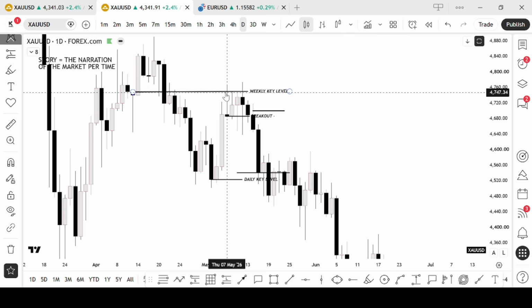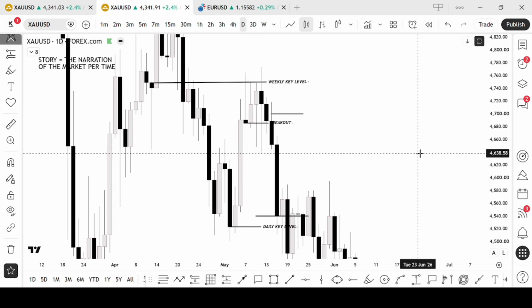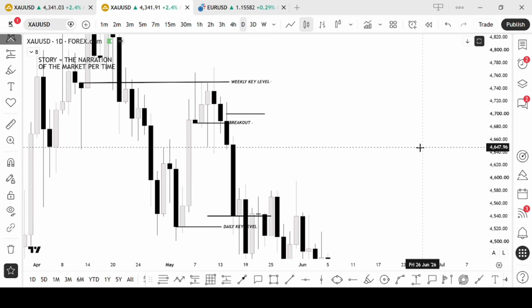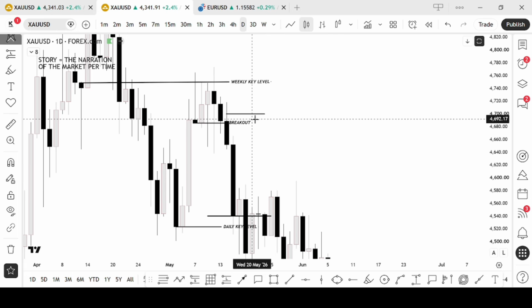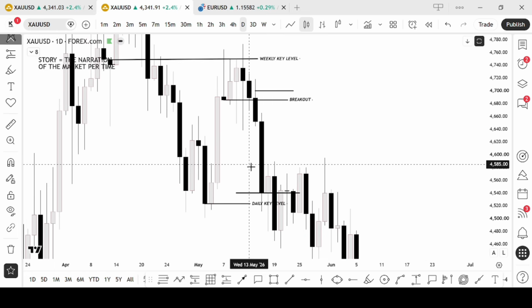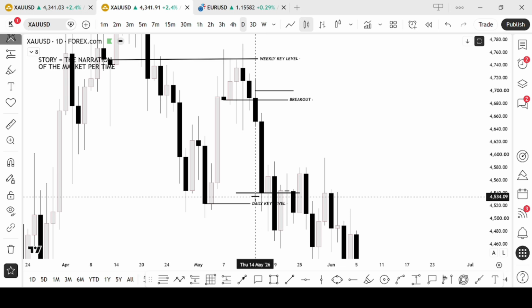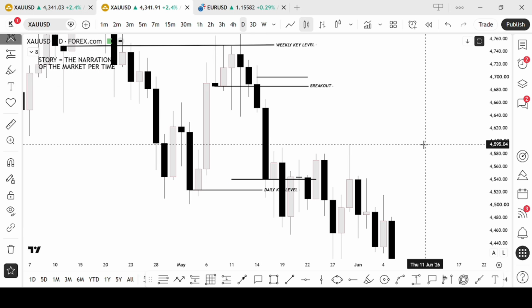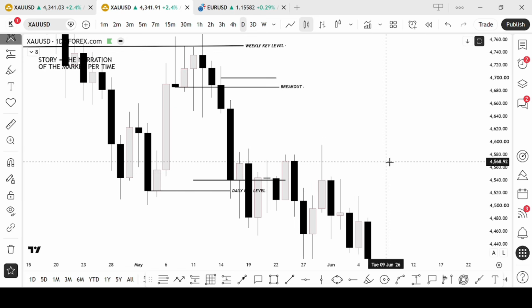This point. Therefore, the swing that formed that level is the breakout. So as you can see, this is the breakout. It's different from the one we saw on the 4-hour breakout. Do you understand? Now, having said that, I want us to proceed.